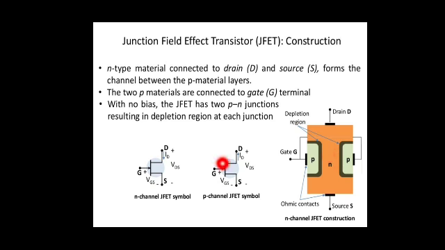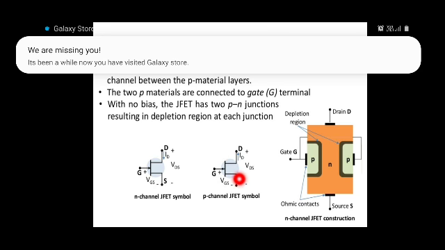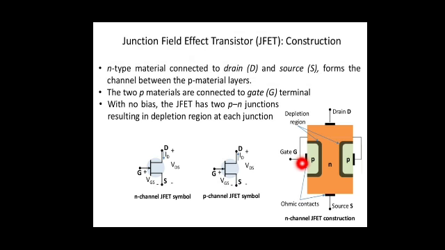If you take a p channel JFET, the construction is similar, but instead of n type doping, you will have p type doping. Here you will have a p channel, and on the sides you will have n type impurities, and in the middle p type doping.